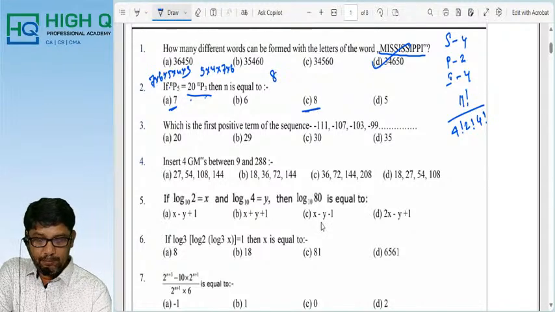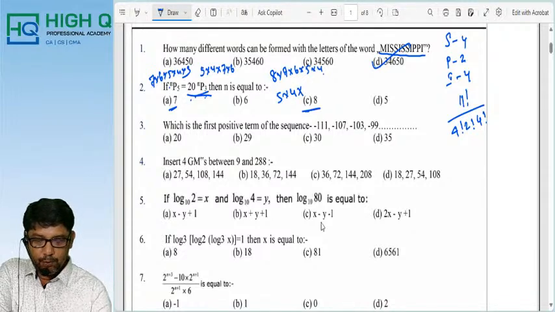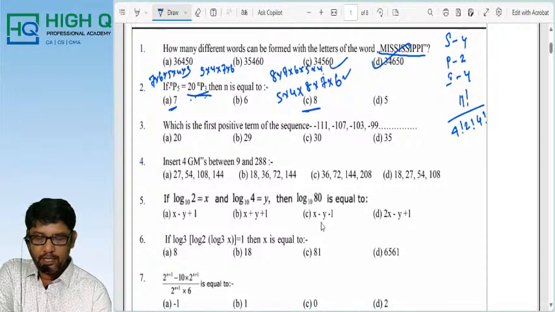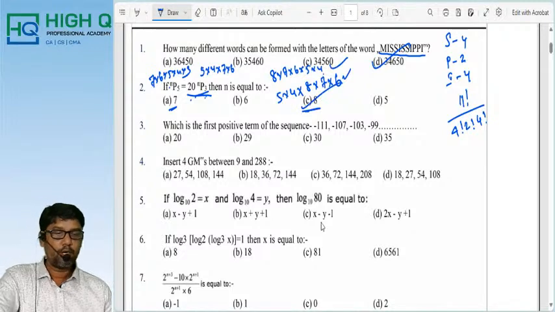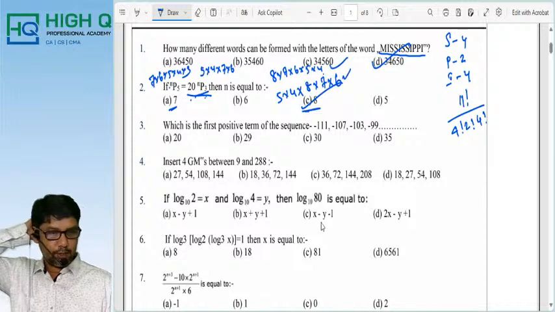What is 8P5? 8 into 7 into 6 into 5 into 4. Next, 20 is 5 into 4, and 8P3 is 8 into 7 into 6. Just check both. Are both equal? So our answer is option C.